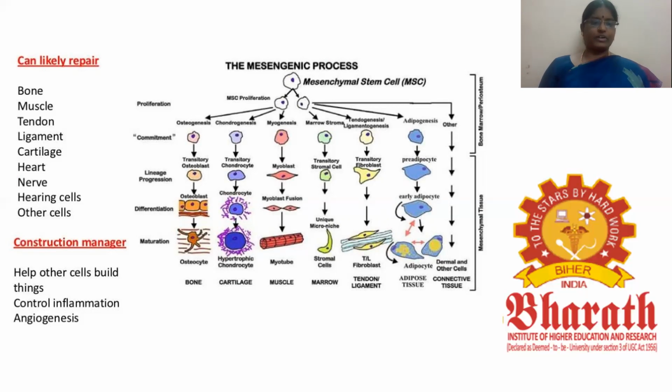These maturation cells are used to treat bone, muscles, tendons, ligaments, cartilage, heart, nerve, hearing cells and other cells which are injured or damaged. And the construction manager helps other cells build other things and also controls inflammation, and it is also used in the angiogenesis process.